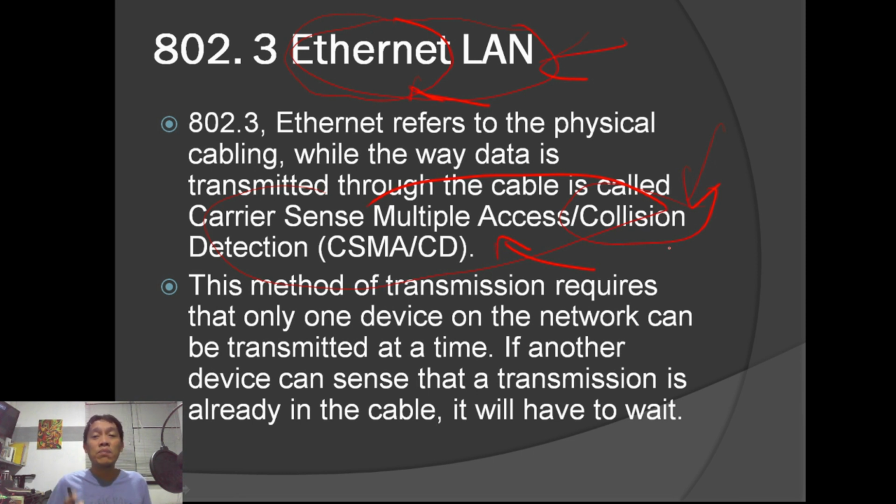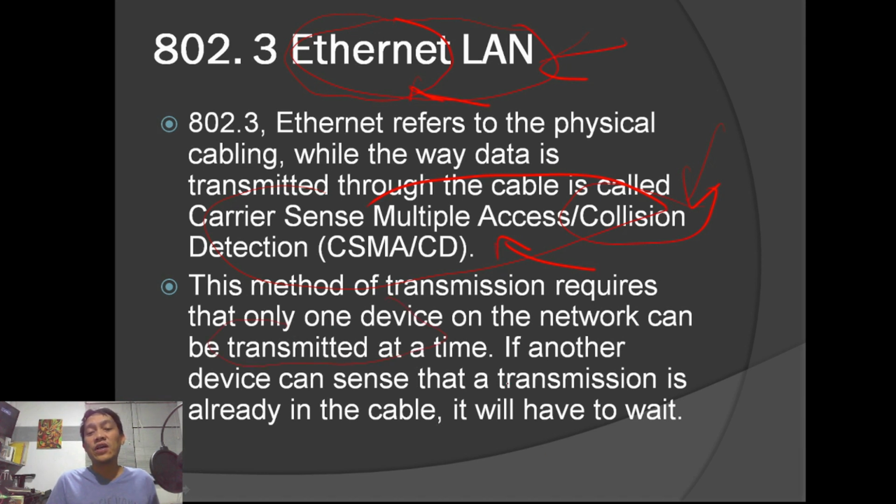If there is a collision, there will be no data transmission. To avoid that, carrier sense multiple access/CD makes it possible for devices to transmit one at a time.